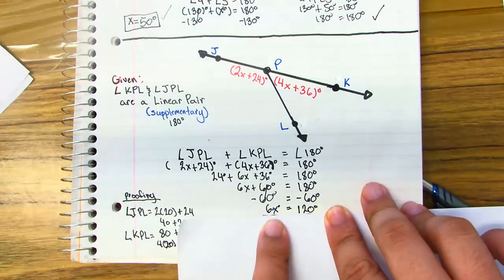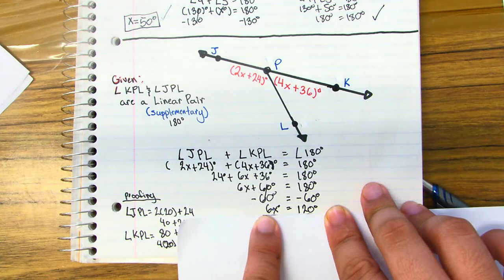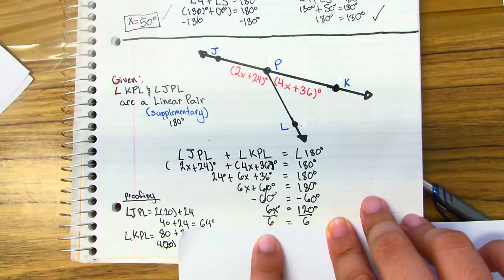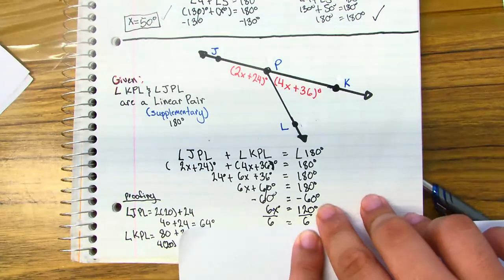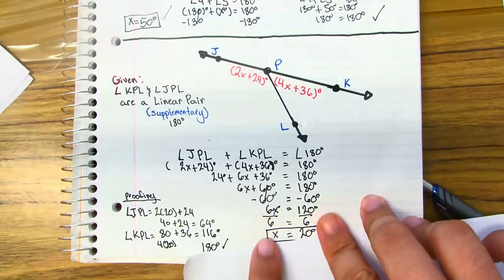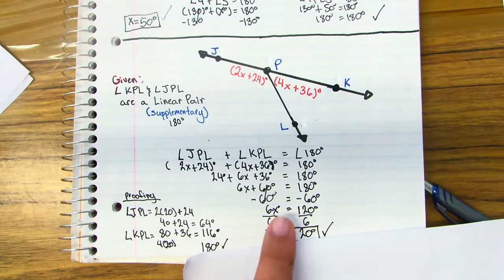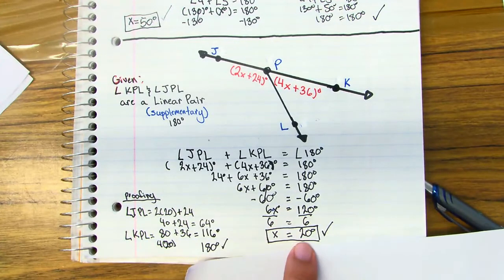And then cancel out the 6 from x. There's always a multiplication between 6, the variable, and the number next to it. So I cancel out multiplication with the inverse, which is division by 6 on both sides of the equation. 6 divided by 6 is 1x. You don't have to write down 1 because that's redundant. You don't have to do unnecessary things. And 120 divided by 6 is 20.